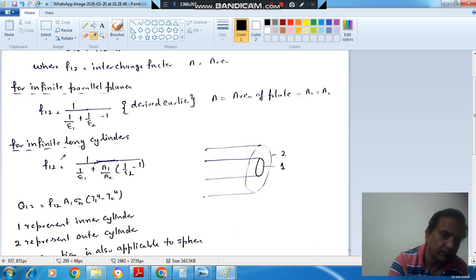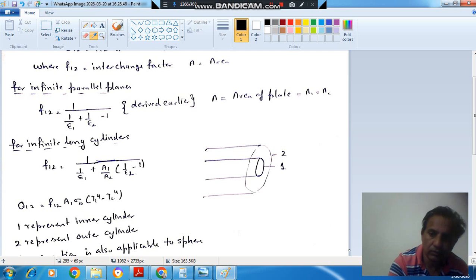Then the interchange factor for these two is 1 by epsilon 1 plus A1 by A2 bracket 1 by epsilon 2 minus 1 bracket close, where epsilon 1 is the emissivity of surface or cylinder 1, epsilon 2 is the emissivity of surface or cylinder 2, A1 is the area of cylinder 1 and A2 is the area of cylinder 2. And again the heat transfer formula remains the same, we just put the value of F12.